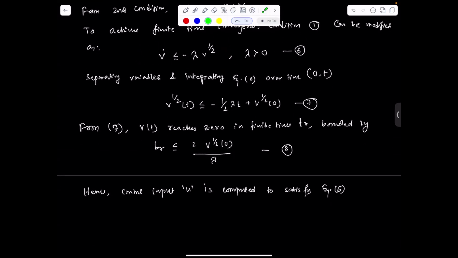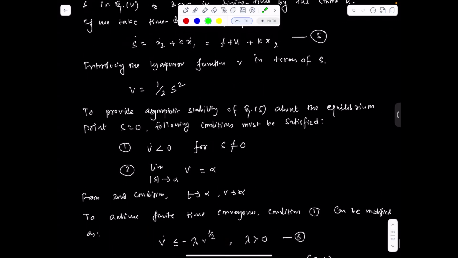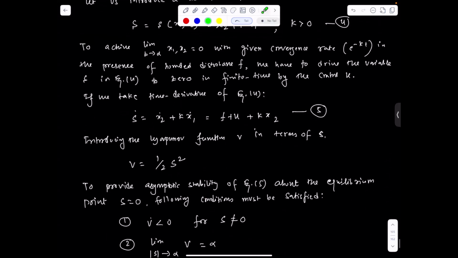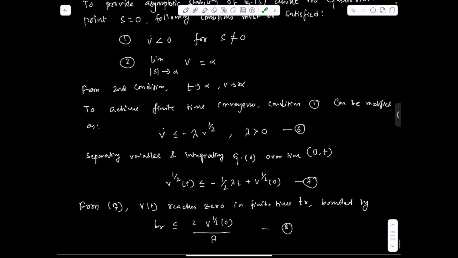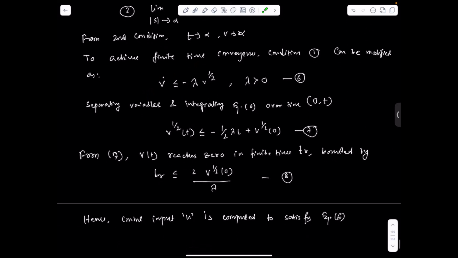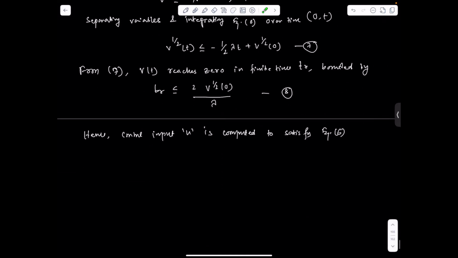So basically the main part is we have to design u in this expression such that V dot will be in this form. Once you have this form, we can get the finite time convergence expression like this, Tr. This is the main motivation for having these mathematical formulations.